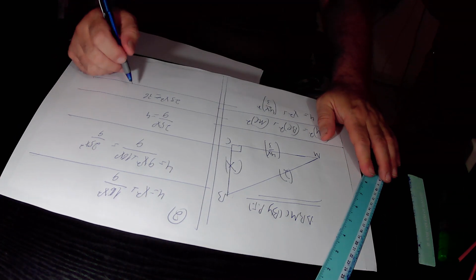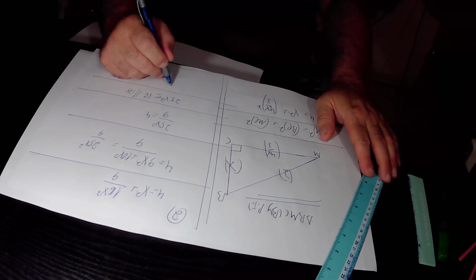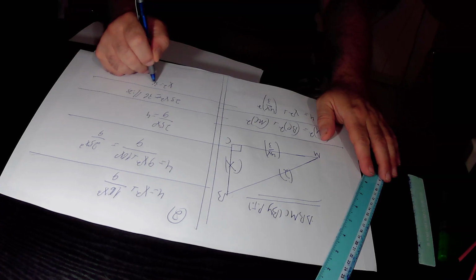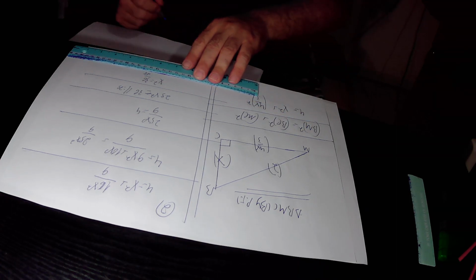Then we divide this equation by 25 and get that x squared equals 36 over 25. Again, x squared equals 36 over 25.